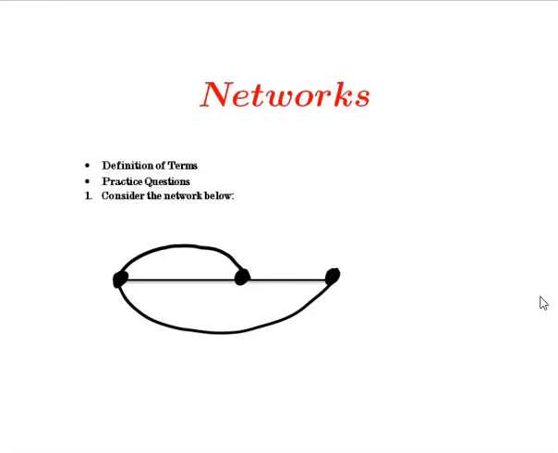We equally have the degree of a vertex. The degree of a vertex simply refers to the number of arcs coming to that vertex. And talking about vertices, we have an odd vertex and an even vertex.